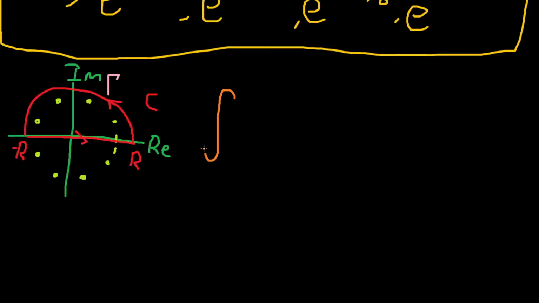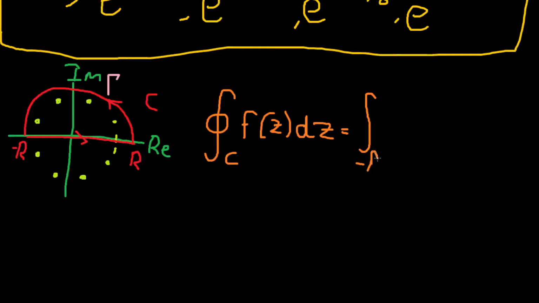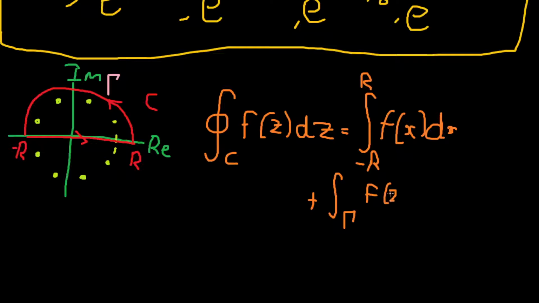We get the closed contour integral over C of f of z dz is equal to the integral from negative r to r of f of x dx, because we're working with the real numbers here, plus the integral over gamma of f of z dz.